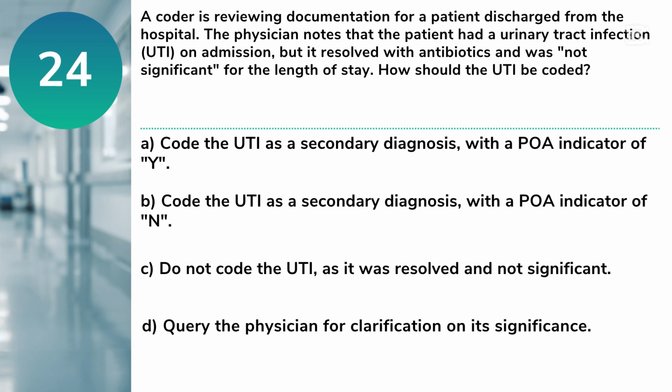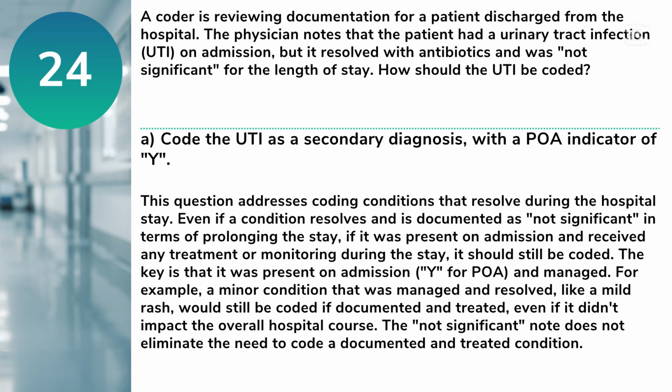A. Code the UTI as a secondary diagnosis, with a POA indicator of Y. B. Code the UTI as a secondary diagnosis, with a POA indicator of N. C. Do not code the UTI, as it was resolved and not significant. D. Query the physician for clarification on its significance. Answer, A. Code the UTI as a secondary diagnosis, with a POA indicator of Y.